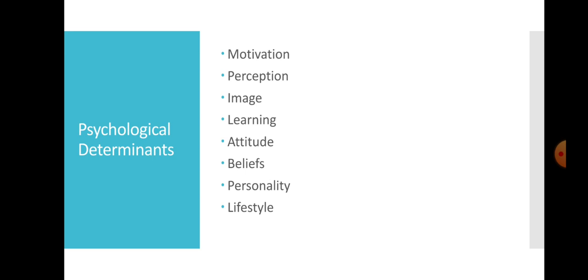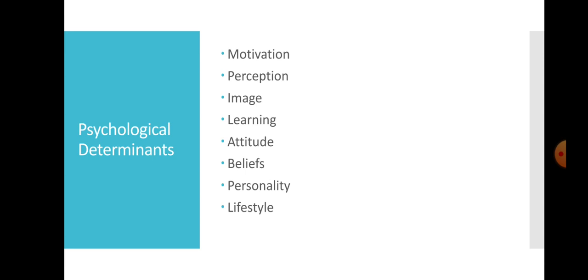Then price perception: a consumer may have the perception that low priced products are of low quality, or that high priced products bear better quality. Then there may be brand perception. For example, people may perceive that Philips is of the highest quality in electric appliances, or that Samsung is better than other products dealing in electronic gadgets.